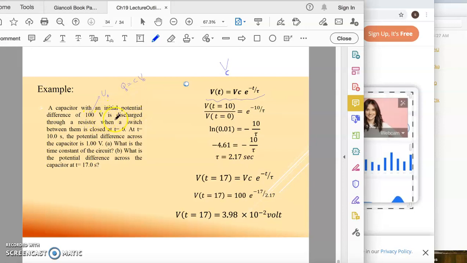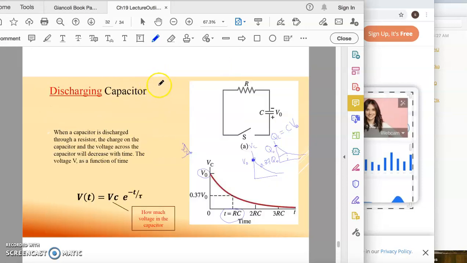Now he's continuing. It is discharged through a resistor. You see the expression that the capacitor is discharged through a resistor. If you see the picture here, we don't have a battery in the discharging process, because once we close the switch, basically current or charge will be moving, and the source of that will be the capacitor itself.